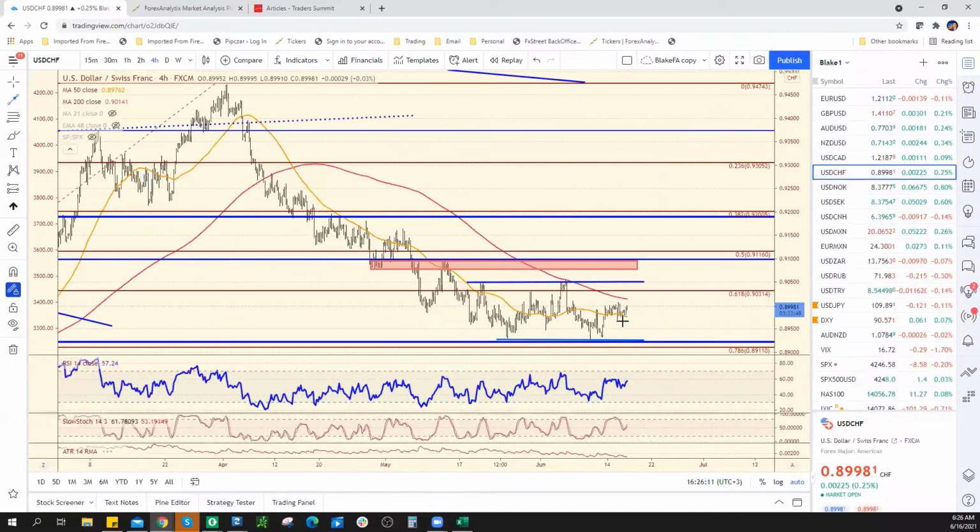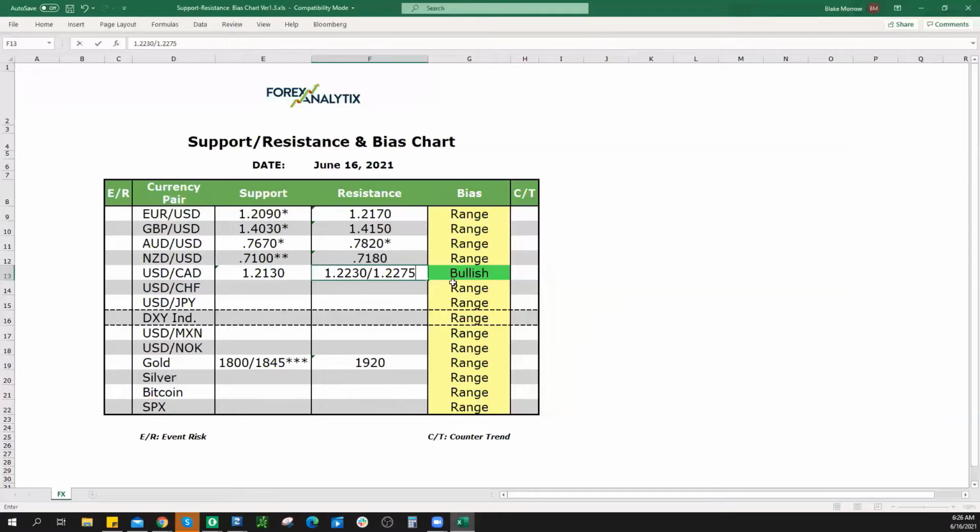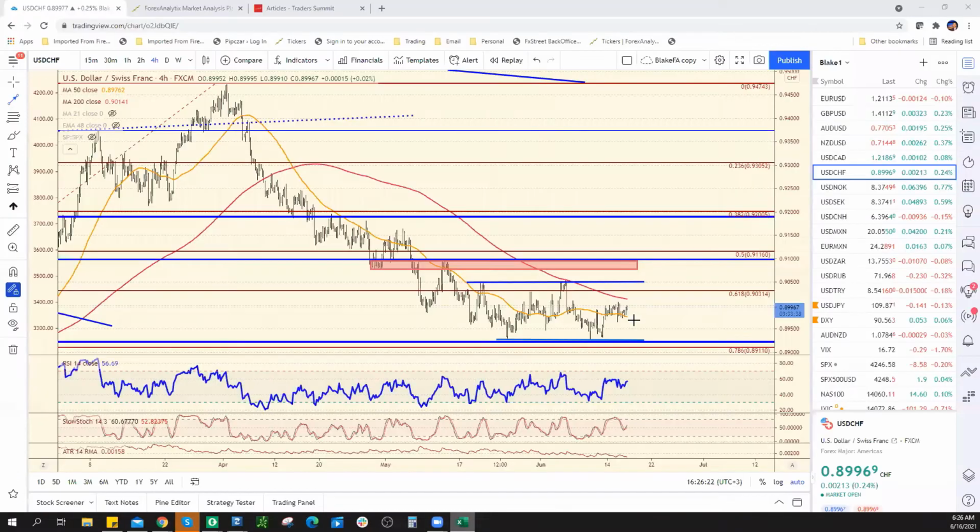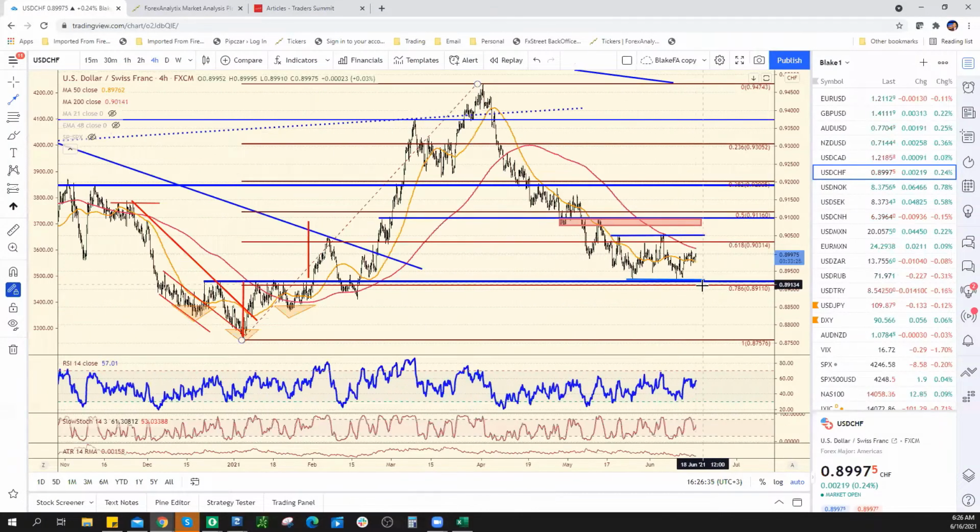Dollar Swiss, easy peasy. Now I know 90.70 is the 200-day moving average, but we're going to write down 90.50 today because it's closer. Support 89.30. And also with the Swissy, do keep in mind we could actually dip to 89.11, which would be the 78% retracement, right?